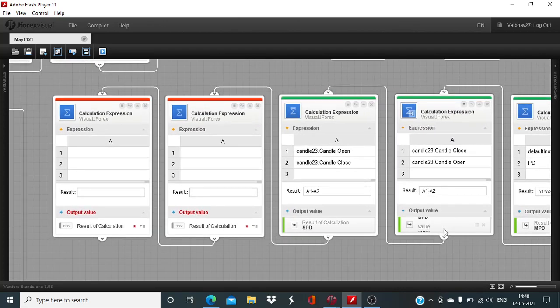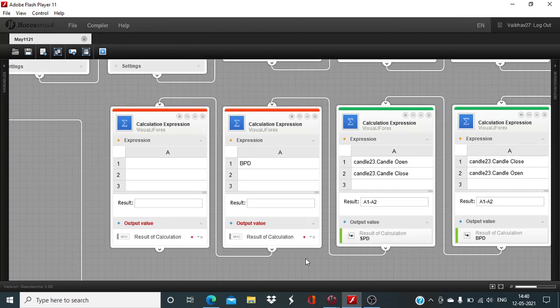we will take this difference and multiply 8 with 10 raised to the power 4.